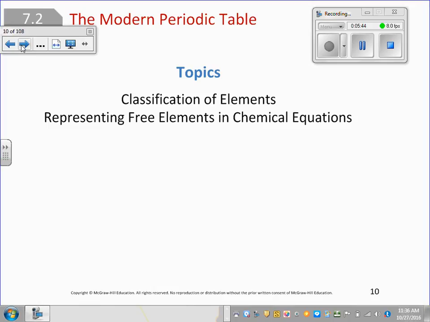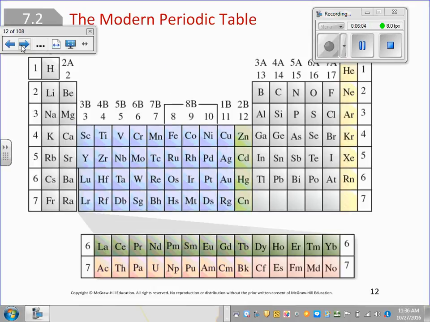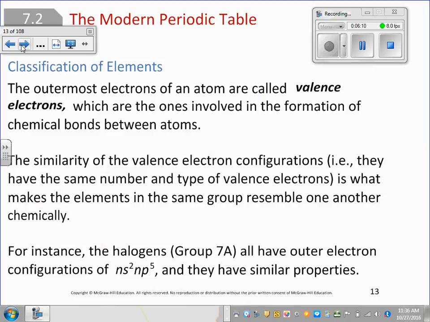How do you represent elements in a reaction? So you know we can divide it. We have the main group of representative elements, columns 1A through 7A. So the first two on the left and the last 6 on the right. Well, we're going to go back here a minute again.